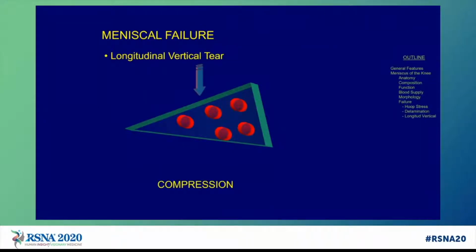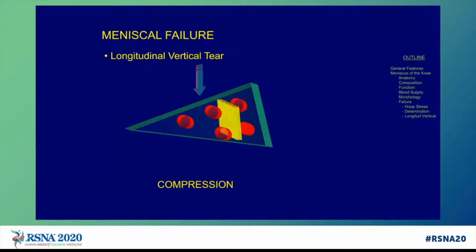The first of our three basic tears is a longitudinal vertical tear related to compression. This tends to drive the meniscus from the joint, but the root ligaments are intact. The first tear that occurs is a micro tear along the axis of the hoop stress. Look at this. That micro tear encounters resistance by the longitudinal circumferential collagen bundles.